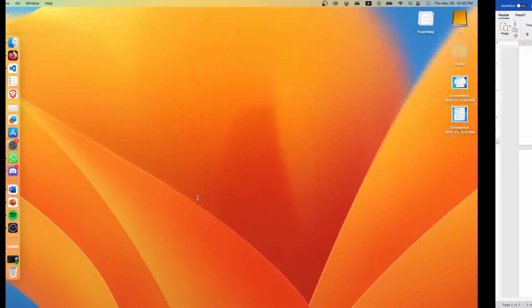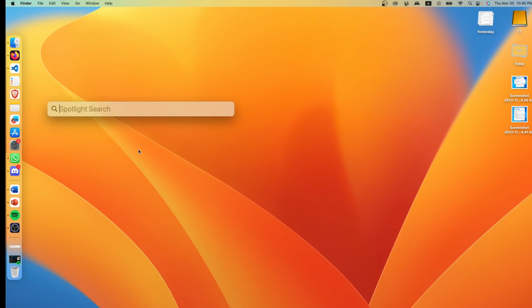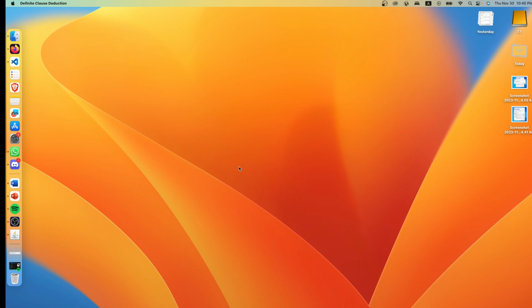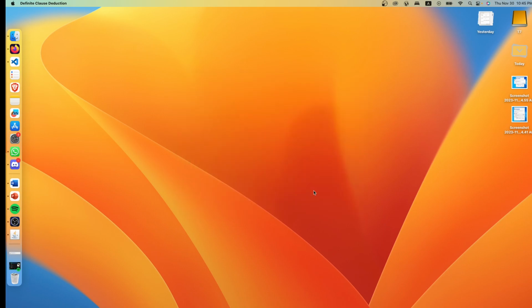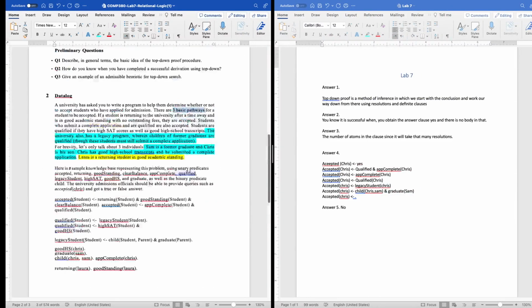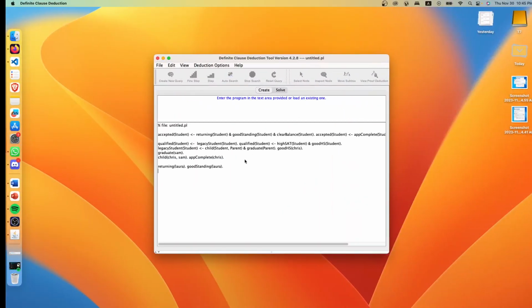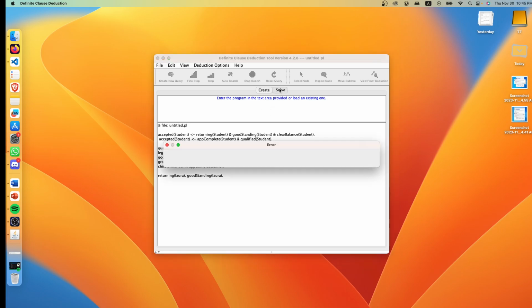And now we can even use the AI lab for this. So if we copy this Datalog in here and just format it to make sure that it runs, yeah, that should be fine.